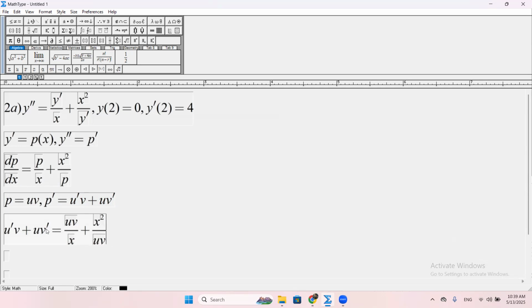Let me move uv over x into the left part.